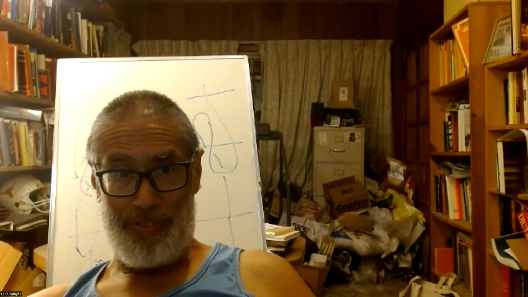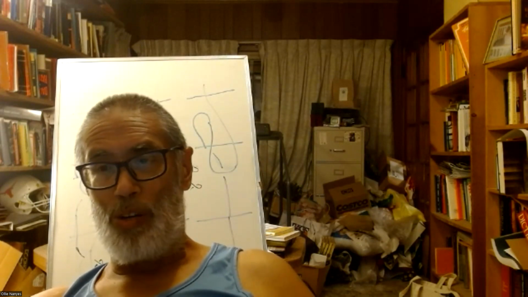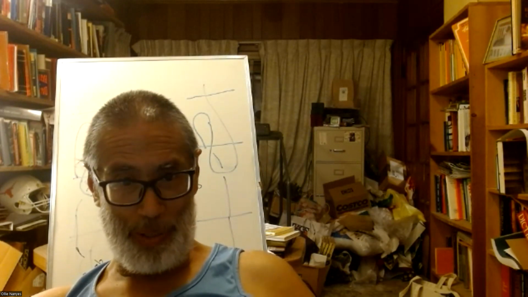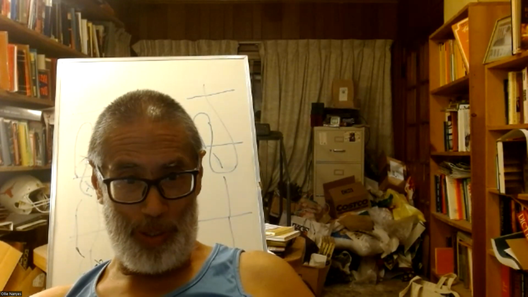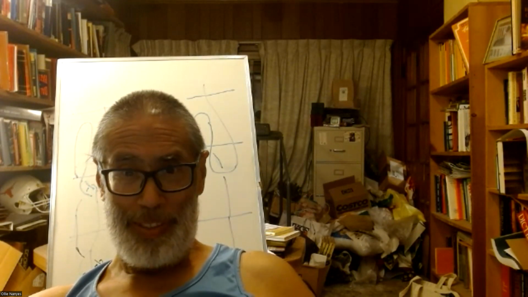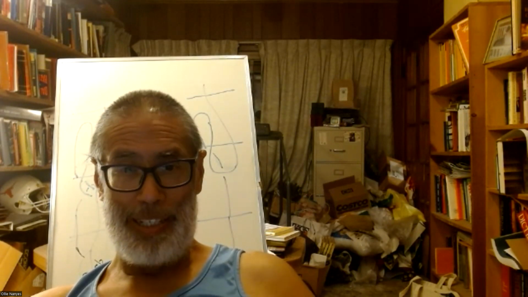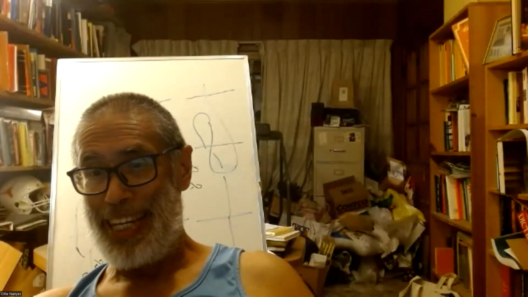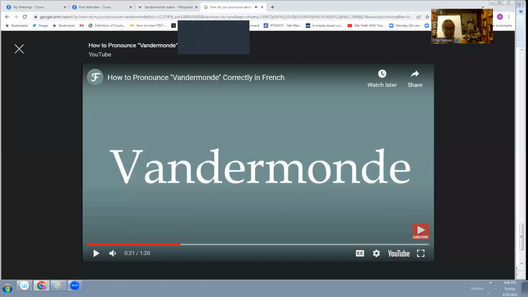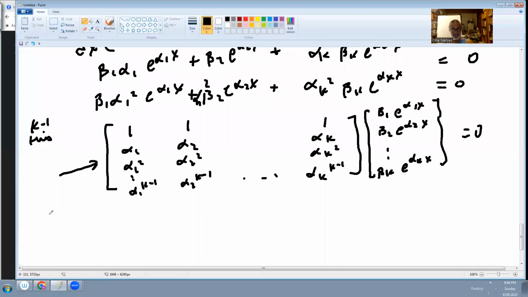It's Vandermonde. So let's go back to share screen. Vandermonde. And I got that from, as you can see here, that is the name of the matrix.